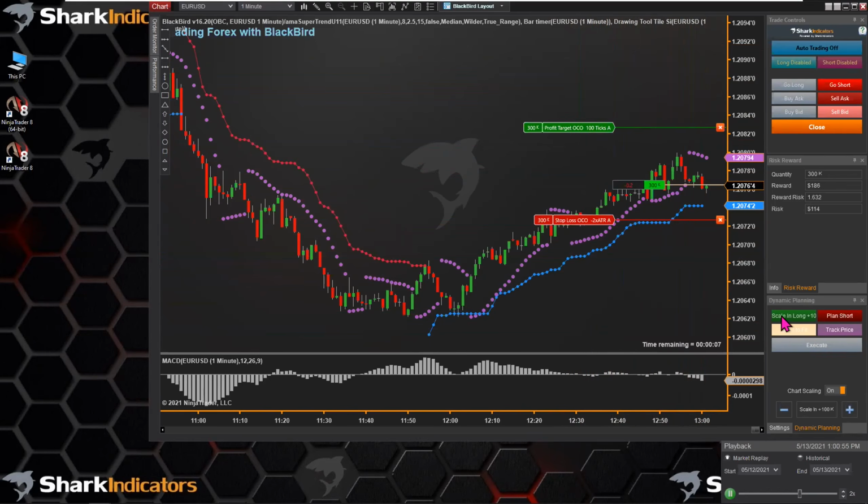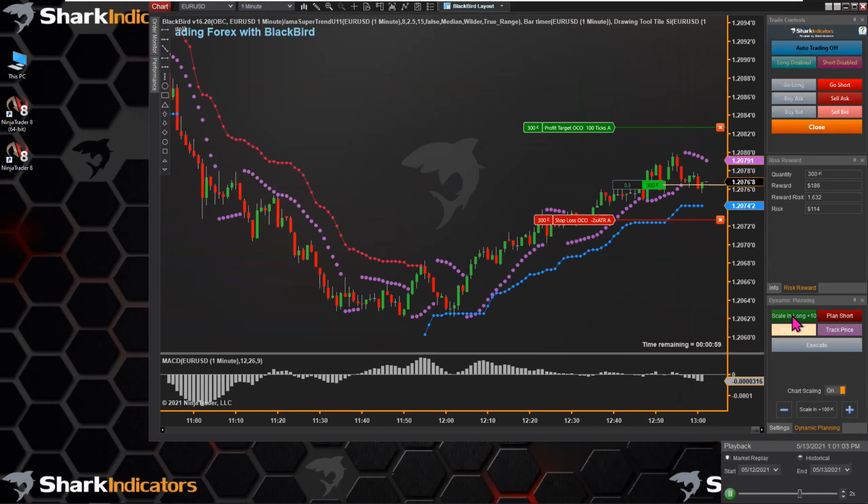So that's one of our great tools for discretionary traders, being able to plan out those trades, and then automatically increase or decrease the number of lots or contracts that you're trading, depending on how wide you're pulling your stop loss out to.